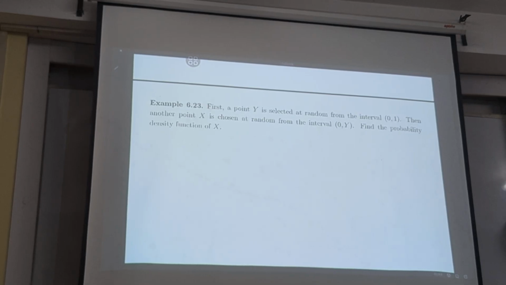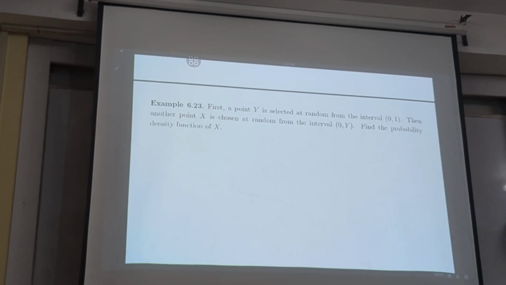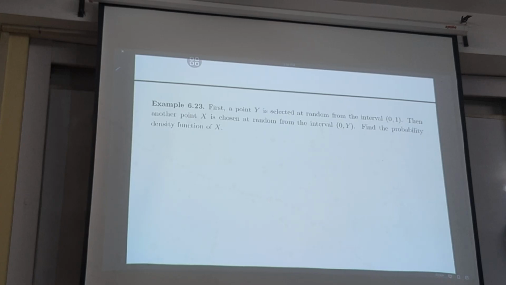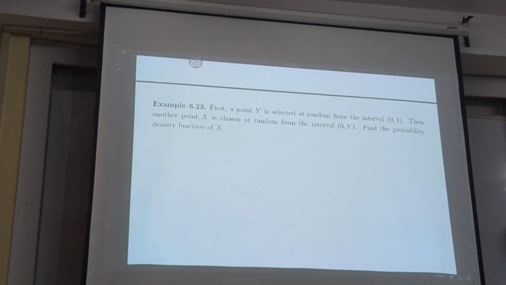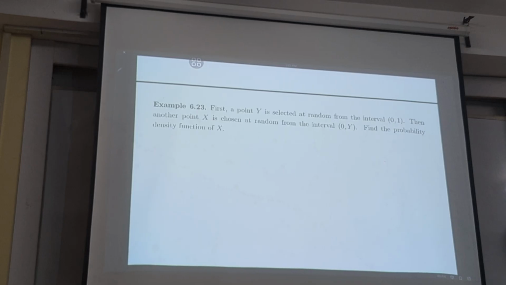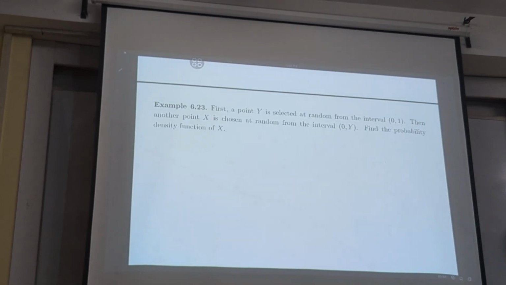We have a line from 0 to 1. First, uniformly randomly, we choose a point, and the distance from 0 to this point is y. This statement is a little complicated, but it is there. Now, in between 0 to y, you choose another point, still following the same process, uniformly. X. Now, you are asked to calculate what?